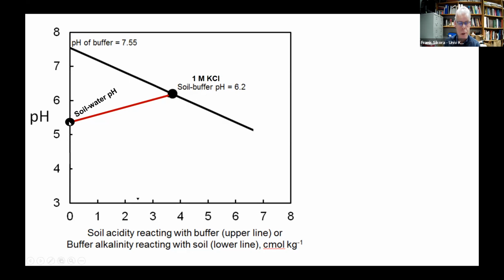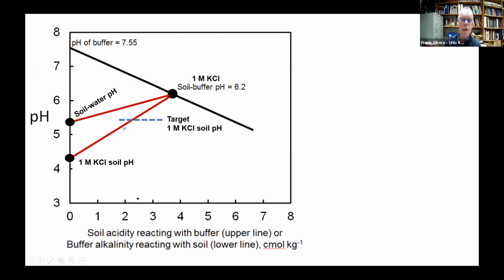Soil water pH might be 0.01 molar ionic strength. So that's why I introduced the 1 molar potassium chloride soil pH, to get the ionic strength of that initial soil pH to be the same as the ionic strength in the soil buffer pH, so that apples could be compared with apples and an adequate lime response curve could be drawn between those 2 points.